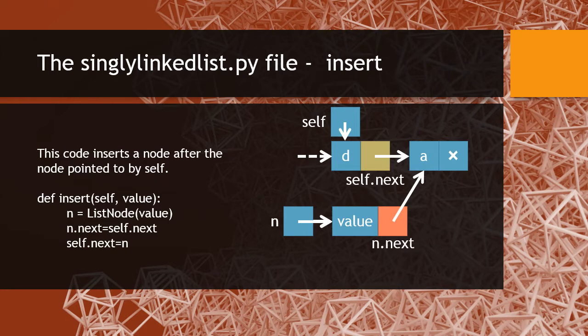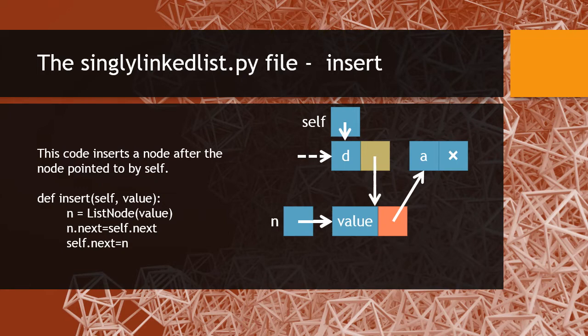Read the next line. Self.next is n, or make self.next point to where n is pointing. You already know where self.next is, and you can see where n is pointing. I want self.next to point to the node where n is pointing.